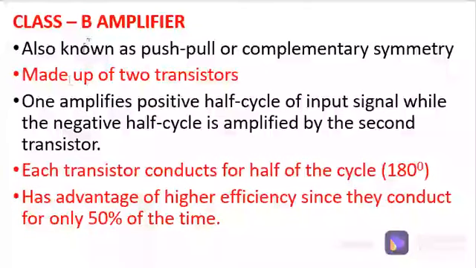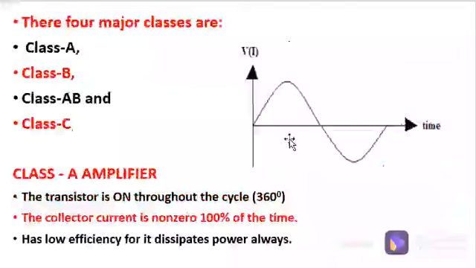The second class is class B, and sometimes we call it push-pull amplifier or complementary symmetry amplifier. They are this type of amplifiers, that's class B. They are made using two transistors. One of the transistors will be amplifying the positive half of the signal, while the other one will be amplifying the negative half of the signal, which means the transistor number 1 will conduct for a half cycle, number 2 will now take over and conduct for the second cycle. Look at it. This half cycle, which is the positive, is taken care of by transistor number 1.